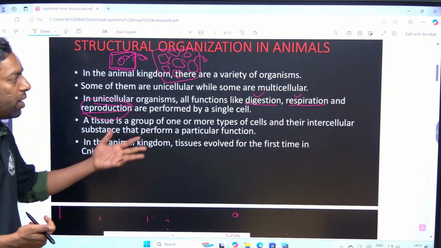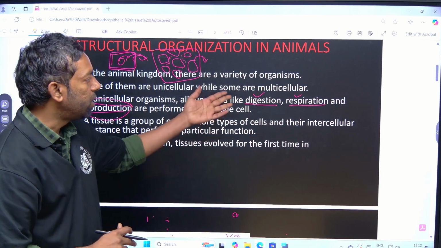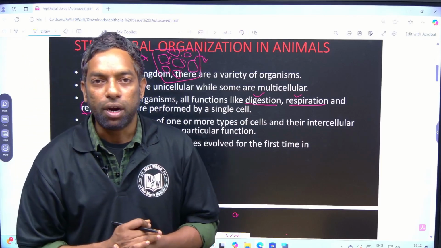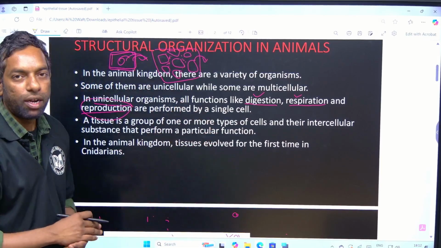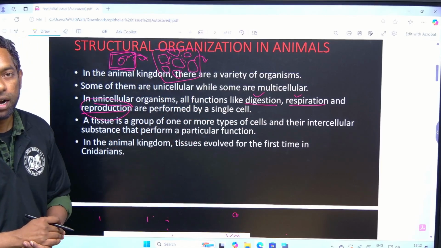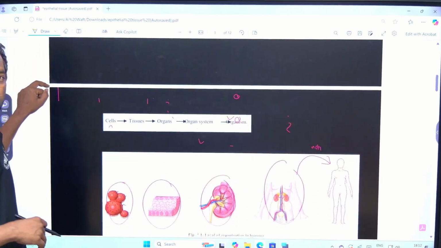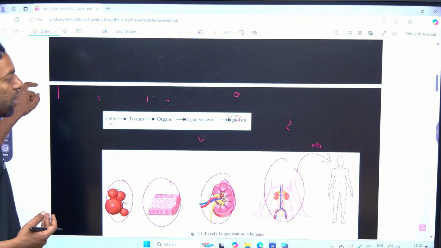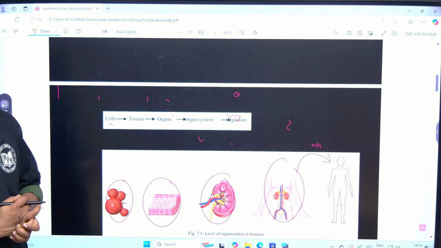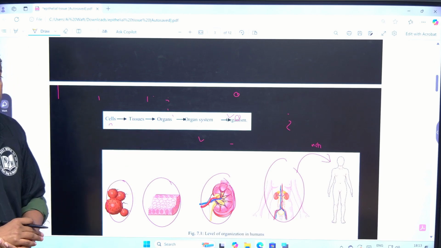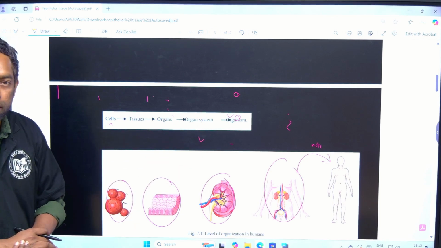Once again, a fast review. Structural organization takes place within the cell body of organisms, which are unicellular and multicellular. In unicellular, all functions take place within the cell body, and in multicellular, types of cells are involved to form tissue. Then there are tissue level, organ level and organ system level organisms.